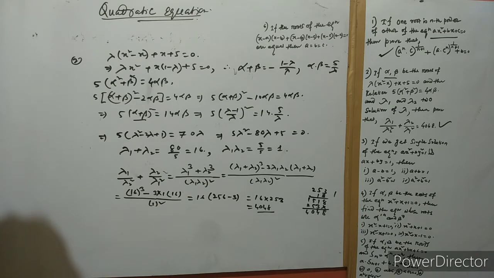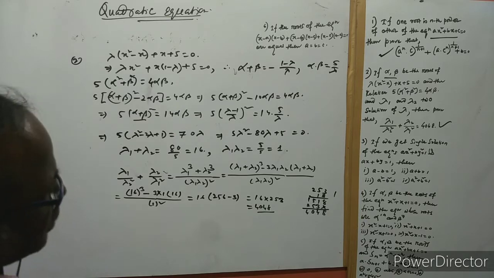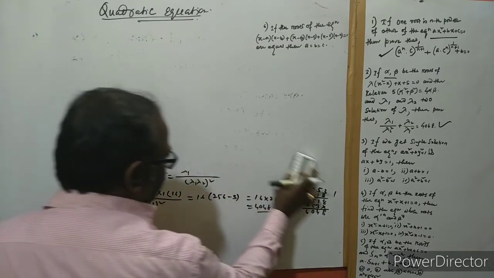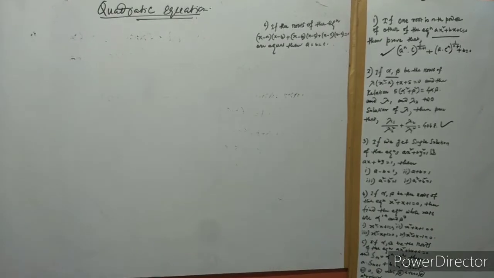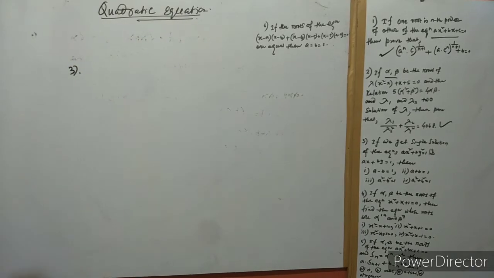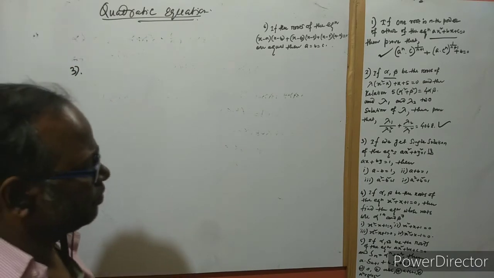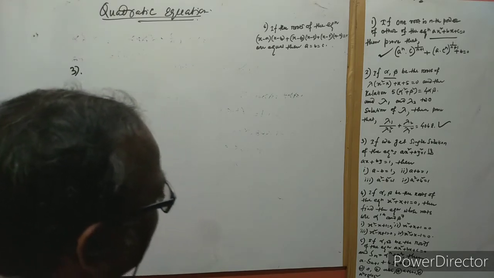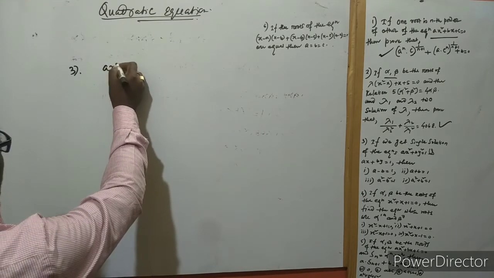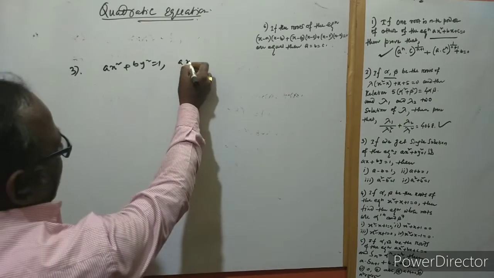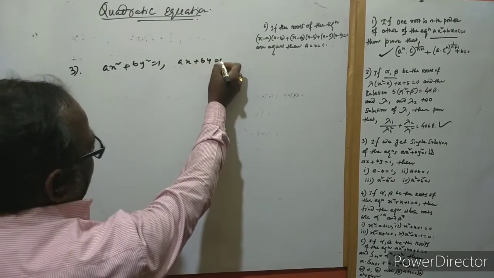And how can I solve it? See the technique. And now follow question number 3 here. See, before question number 3 here, if we get a single solution, that is ax square plus by square equal to 1, and another is ax plus by equal to 1.